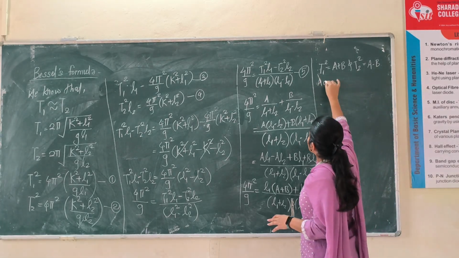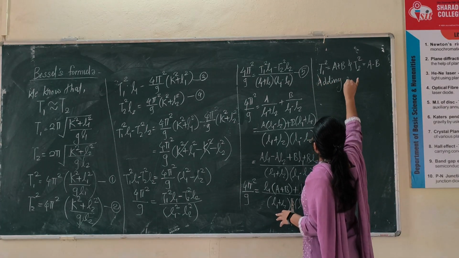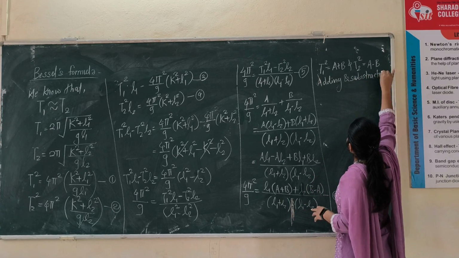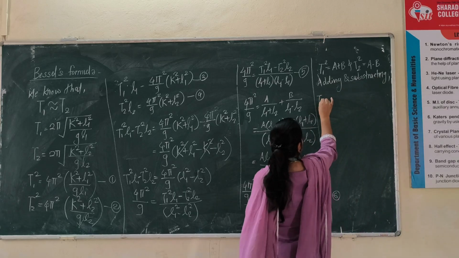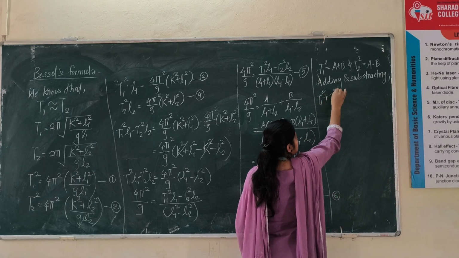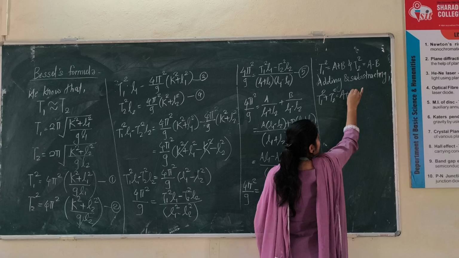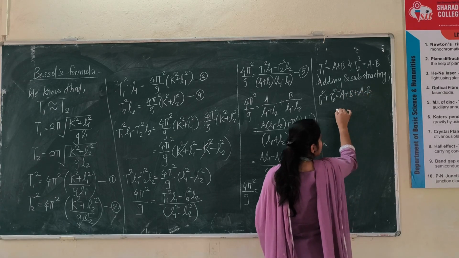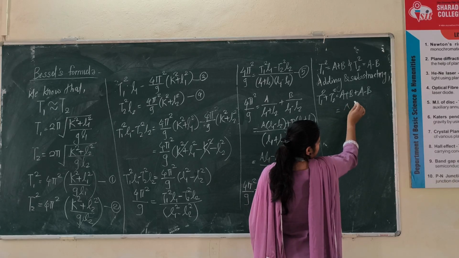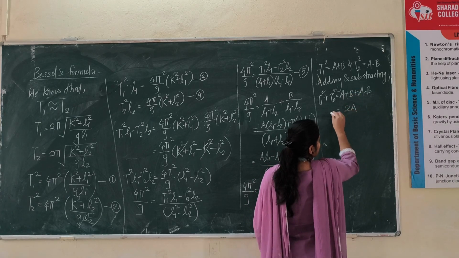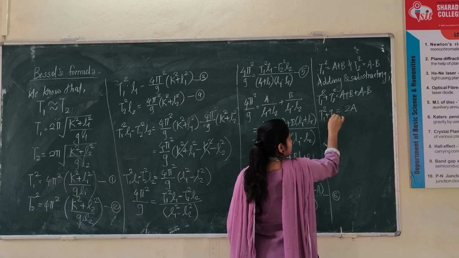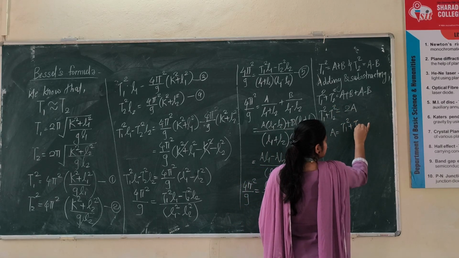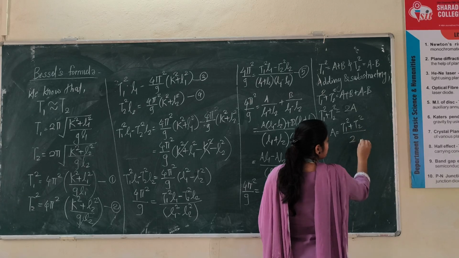So adding and subtracting these two equations, we get T1 square plus T2 square is equal to a plus b plus a minus b. So it is twice a. Therefore, a is equal to (T1 square plus T2 square) divided by 2.